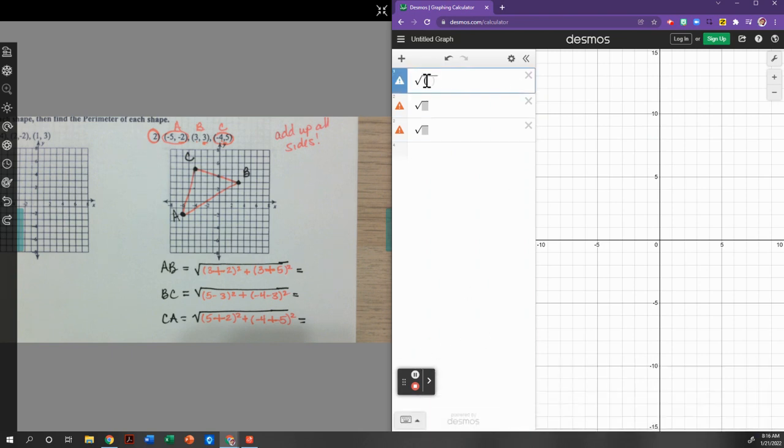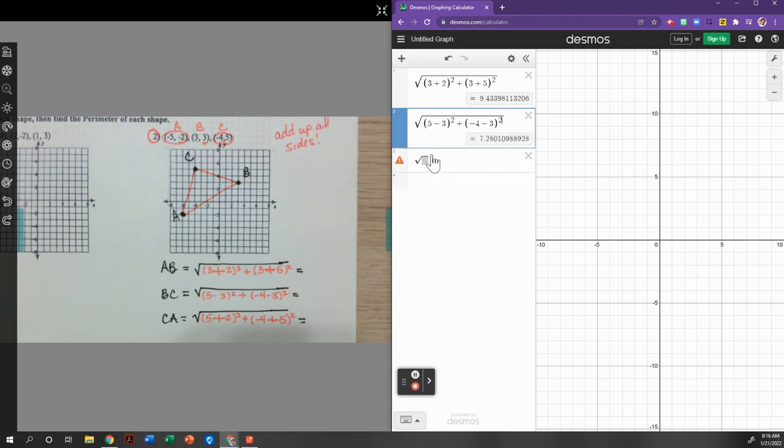So parentheses 3 plus 2 parentheses squared plus parentheses 3 plus 5 parentheses squared. Then I need to do 5 minus 3 squared plus parentheses -4 minus 3 parentheses squared. I'll double check these in a moment.